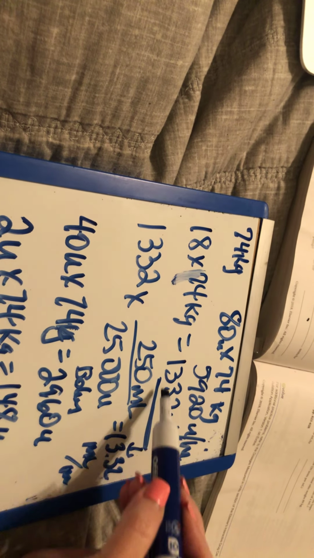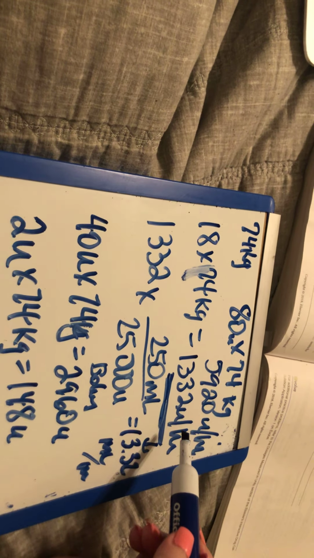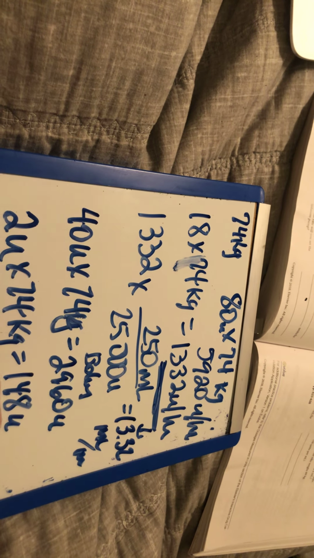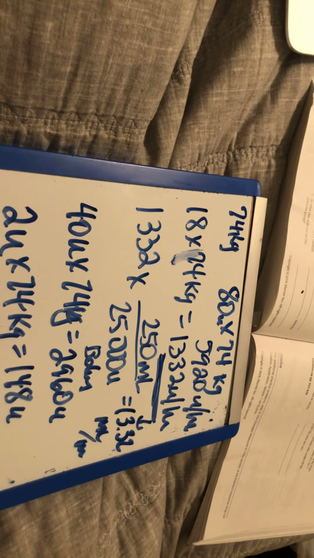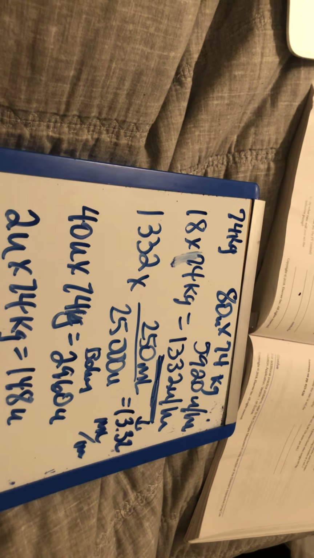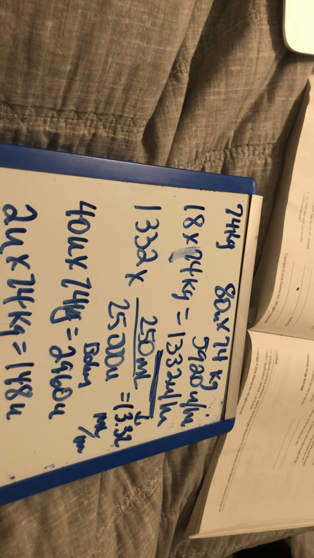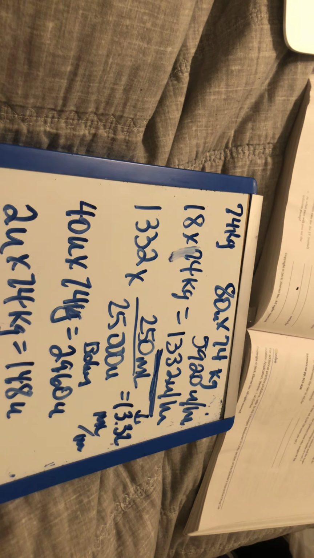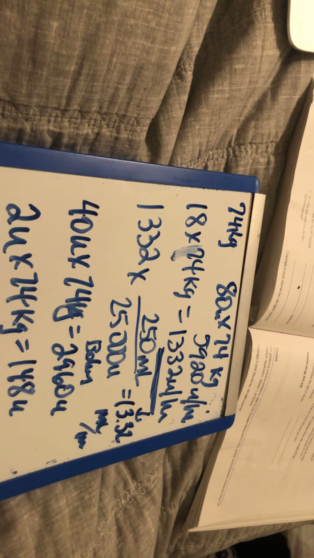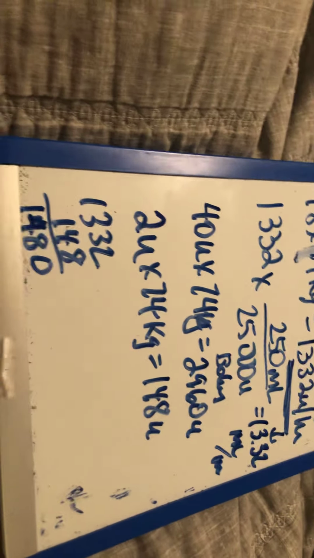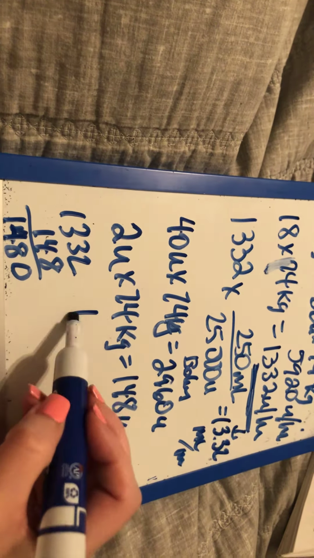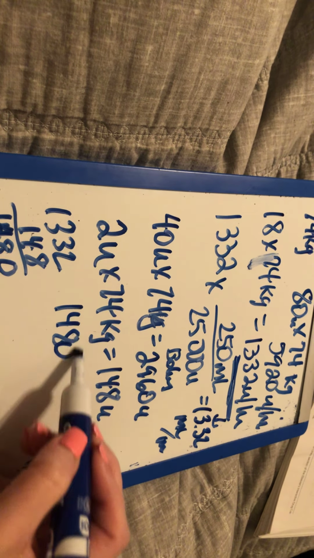So we're going to take this right here, which is our initial rate, 1332, and we're going to add 148. That's going to give us 1480. So our units per hour is 1480.